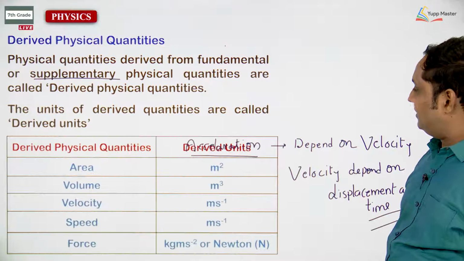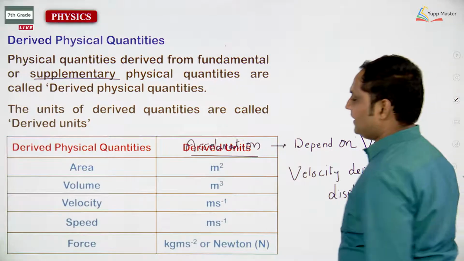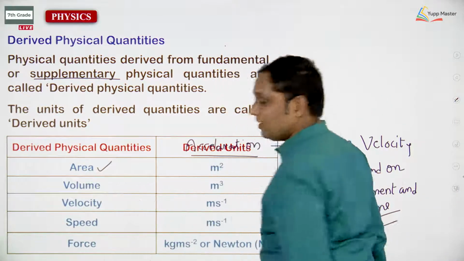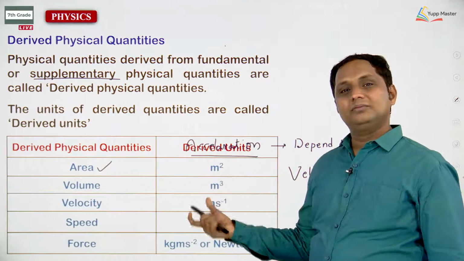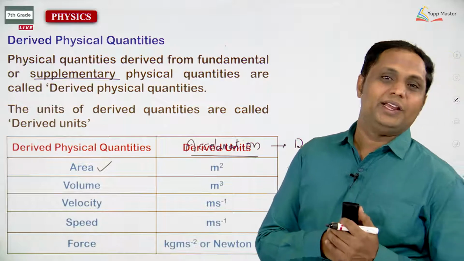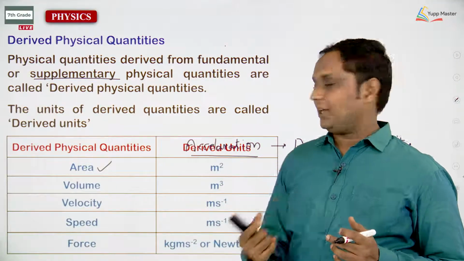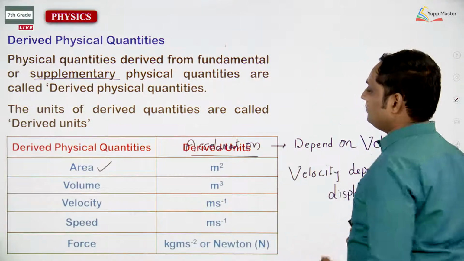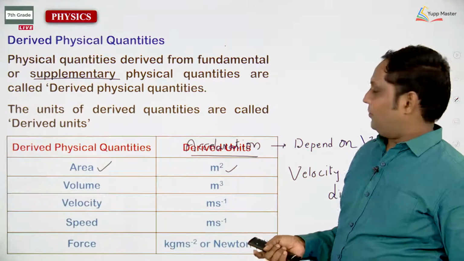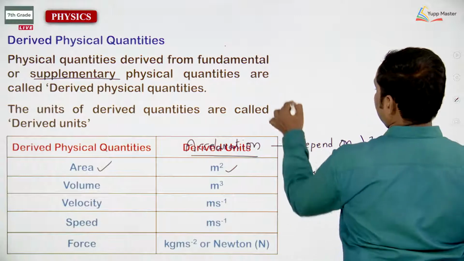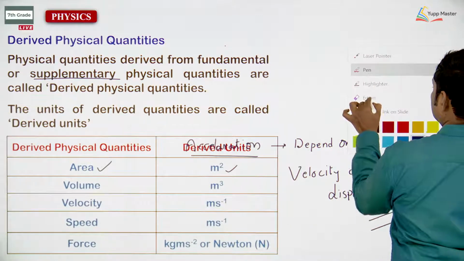Let's see. If you are going to take area, it depends on two parameters, length and breadth. Its derived unit is meter square or centimeter square, whatever.